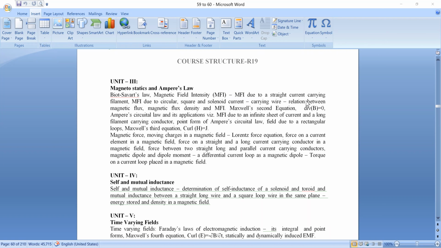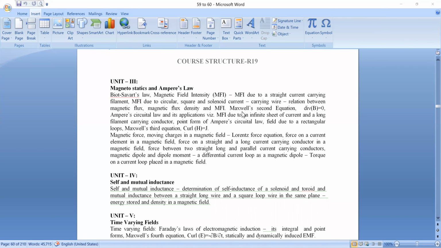Here, the relation between magnetic flux density, indicated by the letter B, and magnetic field intensity, indicated by the letter H, and how they are related.